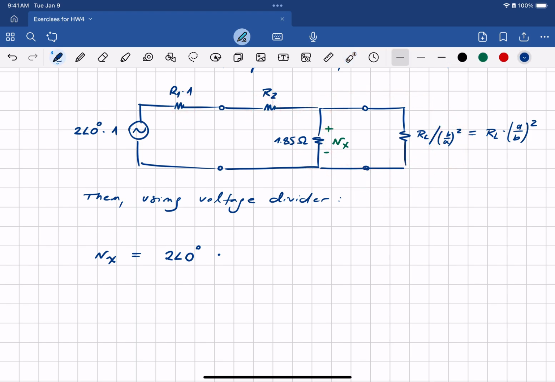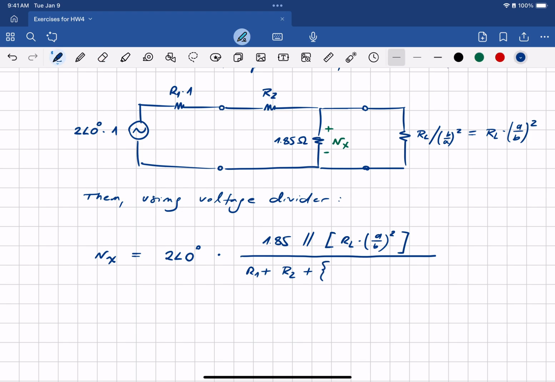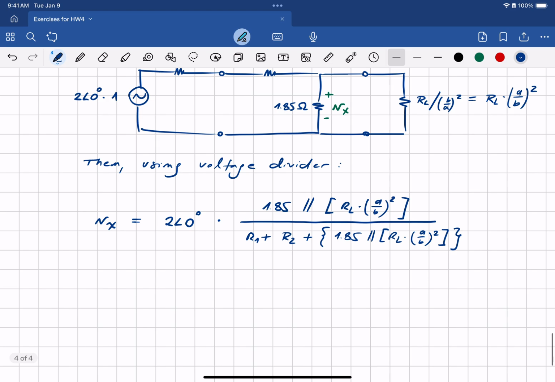So on the numerator, we're going to have 1.85 in parallel with RL times (A over B) squared, divided by the sum: R1 plus R2 plus the parallel, 1.85 in parallel with RL times (A over B) squared. That's simply the solution. We write down the equation.